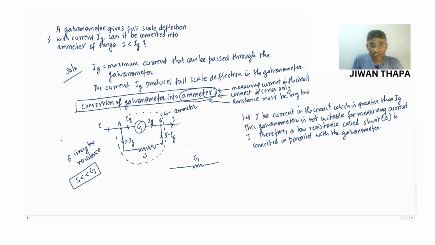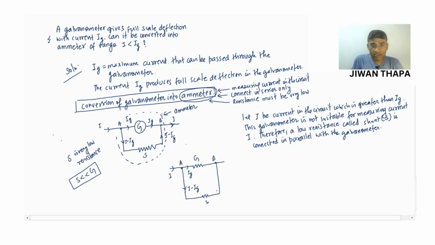So we can think of this circuit in this way also. Galvanometer having resistance G. This is A, okay, this is B. And the maximum current that can flow through the galvanometer is Ig, and the remaining current I minus Ig flows through the shunt, okay.